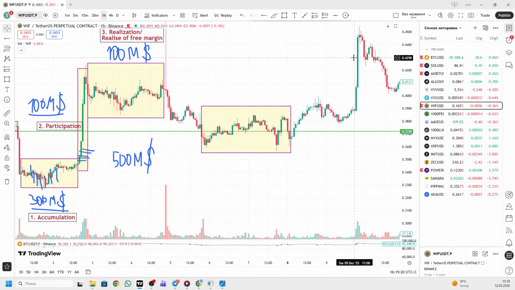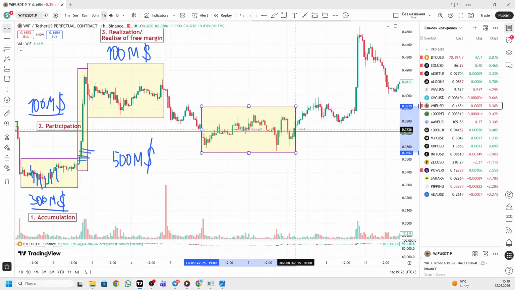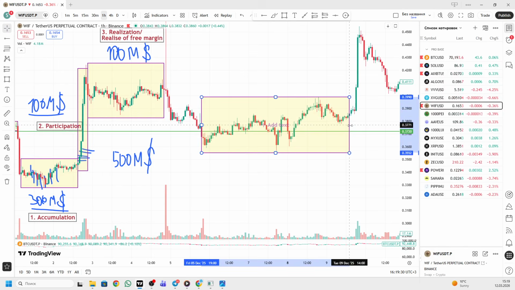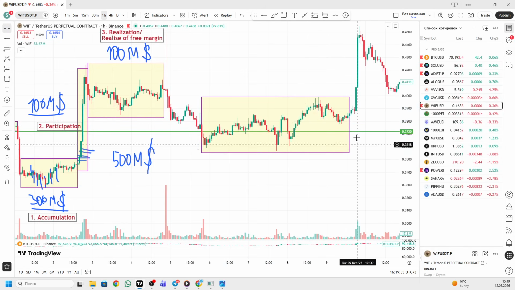He pushed the price sharply upward and then simply left the market, you see? So we can mark it like this. You see what happens? He tried to push it again, and then he just exited the trade, just left the market. At that moment, it was already clear that he was exiting.